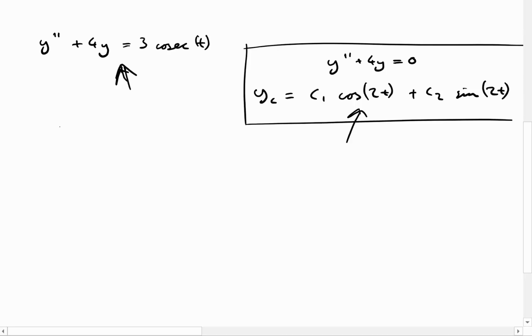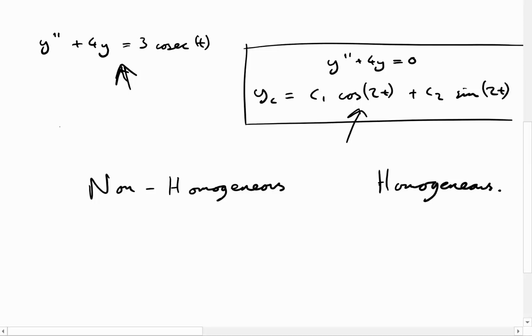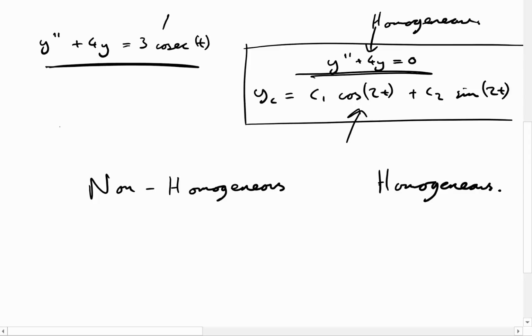And I always make an analogy in my head that the non-homogeneous equation is the big brother to the homogeneous equation. So this is the homogeneous case, and this is the non-homogeneous case.